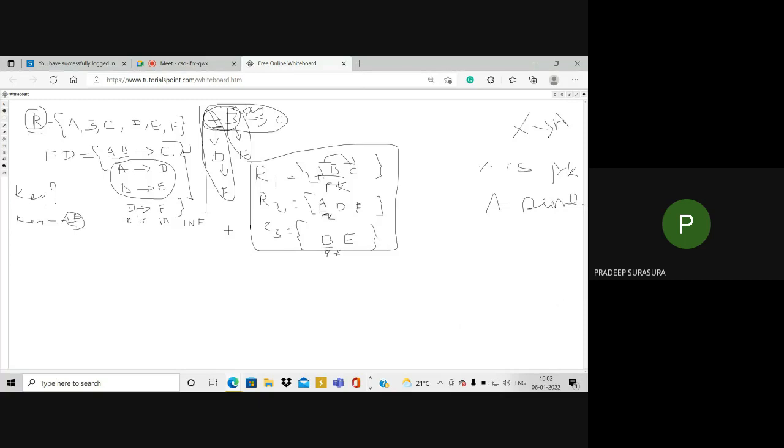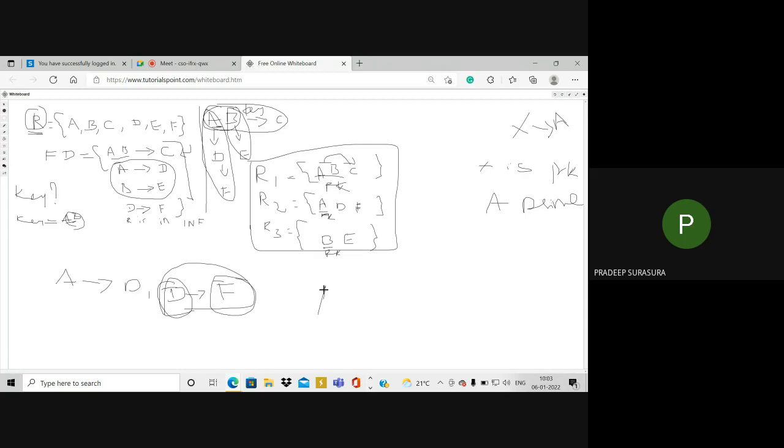Now we observe that in the FDs, A determines D and D determines F holds a transitive dependency. You can write: FD A determines D and D determines F holds transitive dependency. Since D is not a prime attribute or the primary key, and F is also not a primary key, this violates third normal form.